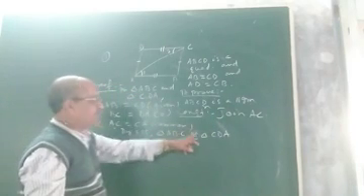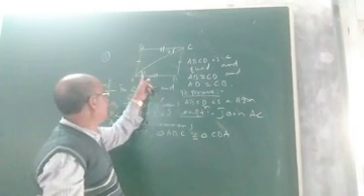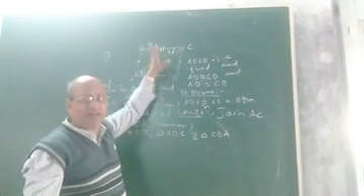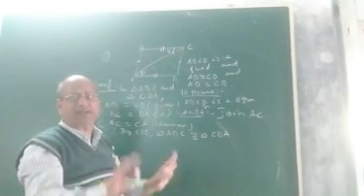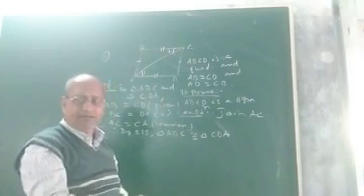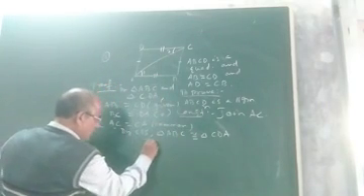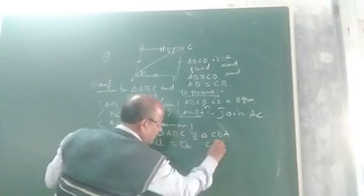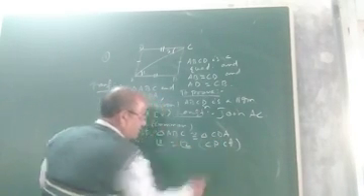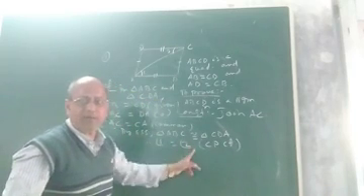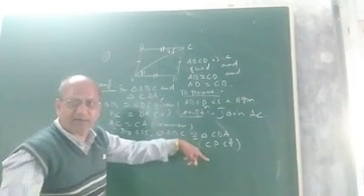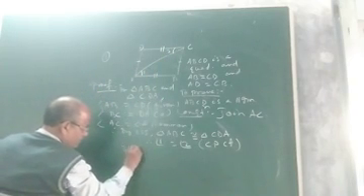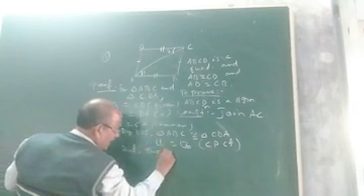Okay. Now if these two triangles are congruent, no doubt angle 1 and 2 will be equal by CPCT. Because when two triangles are congruent, their corresponding angles and sides will automatically become equal. So therefore angle 1 equals angle 2. What is the reason? The reason is CPCT. Now see, these two are equal, but they form a what? They form a pair of alternate interior angles with transversal AC.